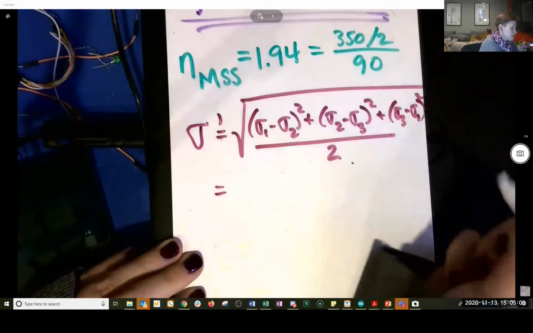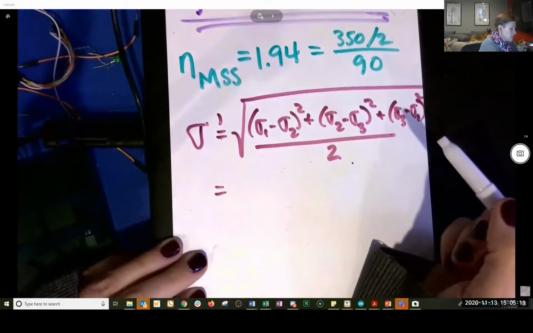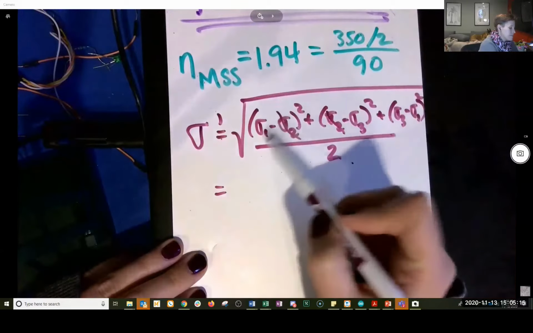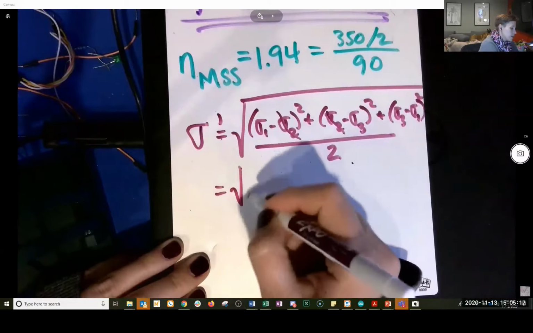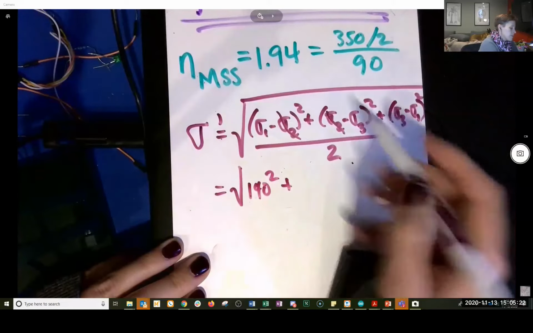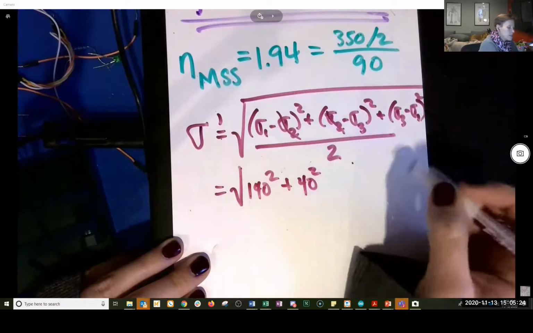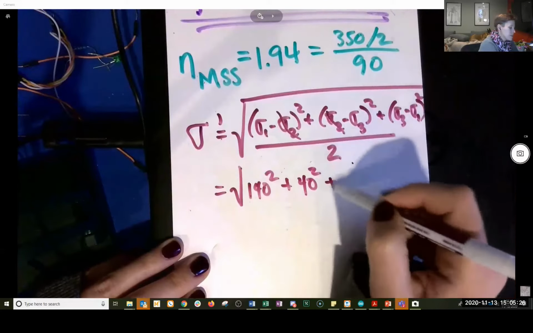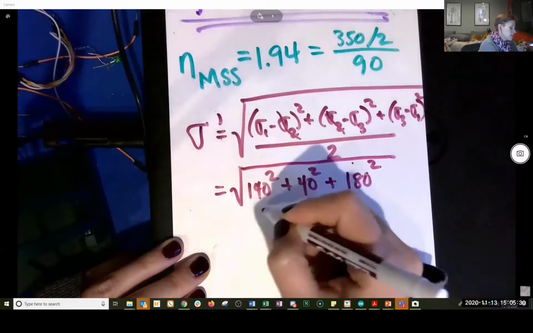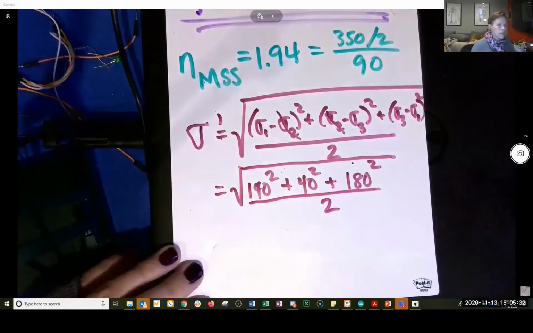So here, sigma 2 is my 0. So I'm going to go ahead and cross those out so I remember. So we get 140 squared. We get 40 squared, because signs don't matter when you square them, right? So I'm being a little sloppy. And then you get 180 squared all over 2 inside the square root.